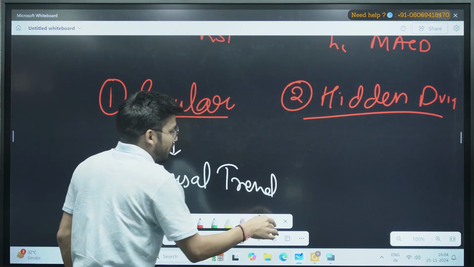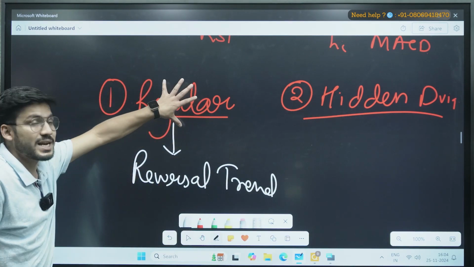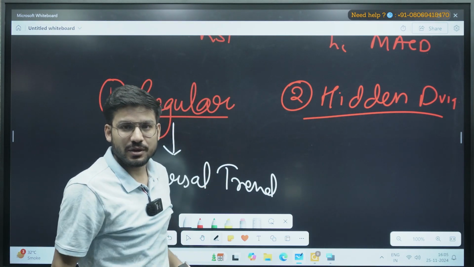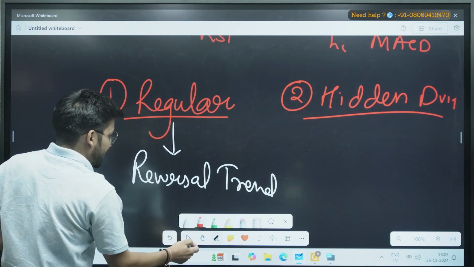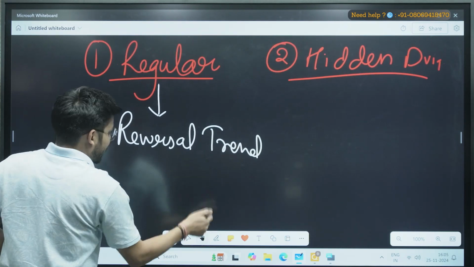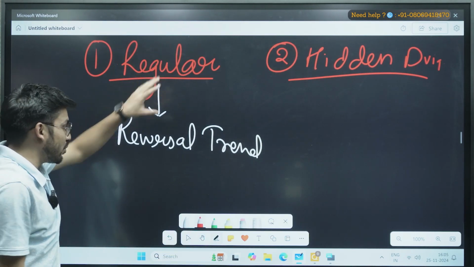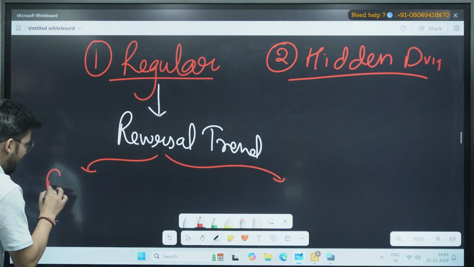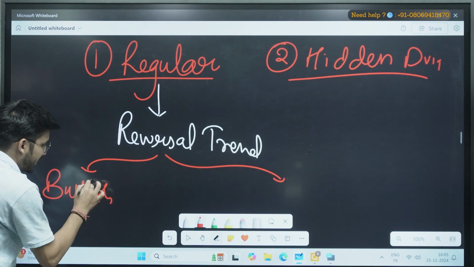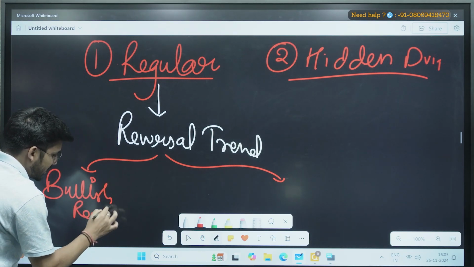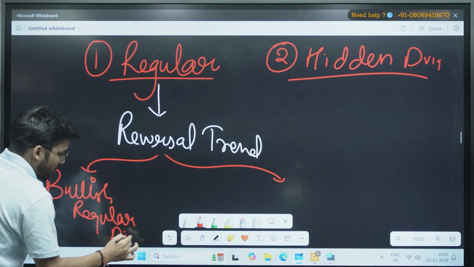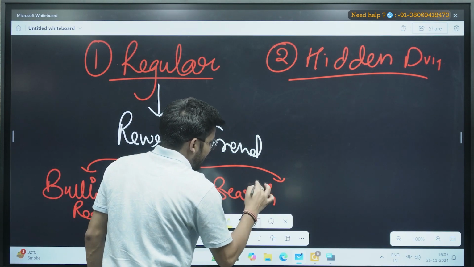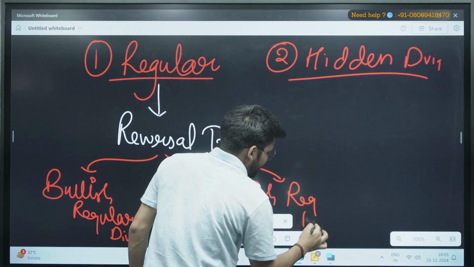So if the market is moving in the upward direction and we notice there is a regular divergence, it means the market will be changing its direction. It will be coming in the opposite direction. If the divergence is regular, then there will be two kinds: the first one will be bullish regular divergence, and the second one will be bearish regular divergence.